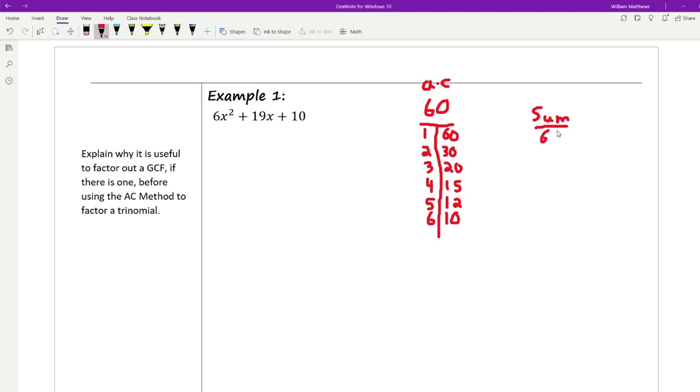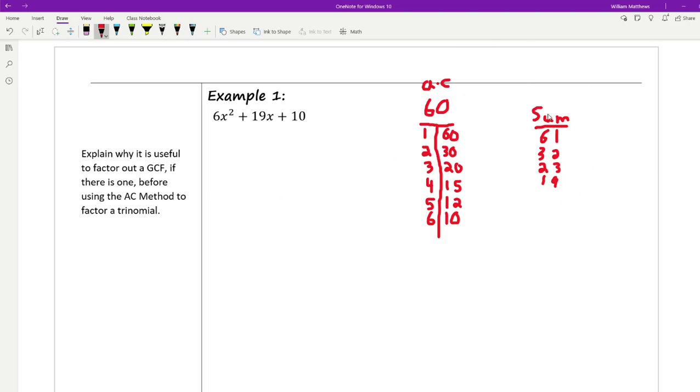So the first one is 61. 2 and 30 is 32. 3 and 20 is 23. 4 and 15 is 19. So in this case, we found our number right here. We don't need to go much further. So we can use the 4 and the 15.